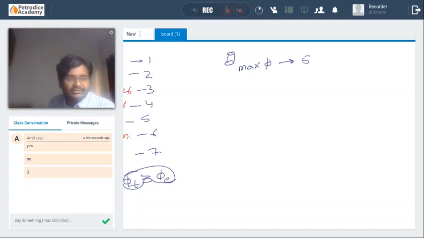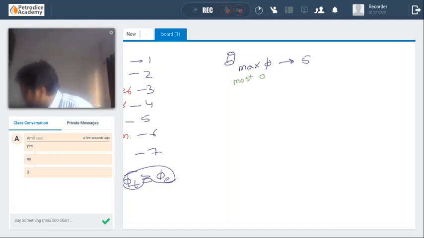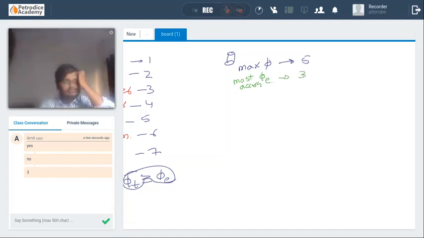Which particular method will give the most accurate effective porosity? As we have discussed in the previous class, the most accurate effective porosity will be from the helium porosity meter. Okay.